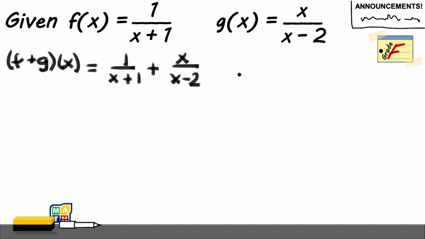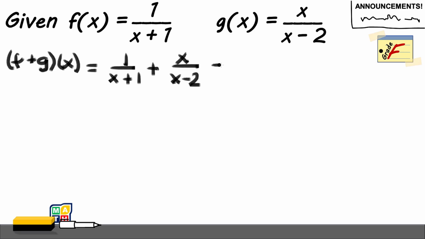To do that, we are going to look for the LCD. Just like 1/3 plus 1/2, we solve for the LCD of 3 and 2 so that we could add the two fractions, considering the equivalent fractions that could be formed using the LCD. The LCD of 1/3 and 1/2 is 6 because that's 3 times 2.